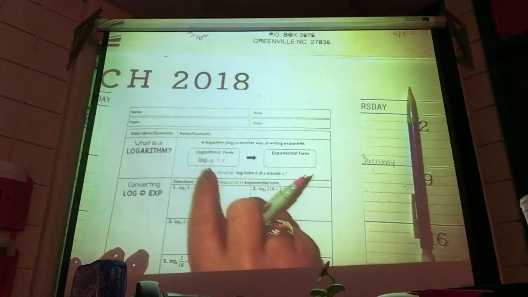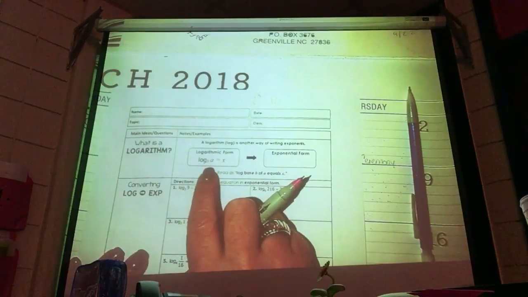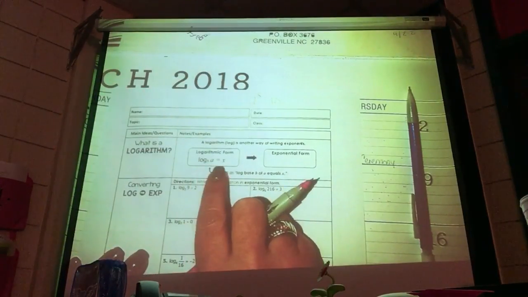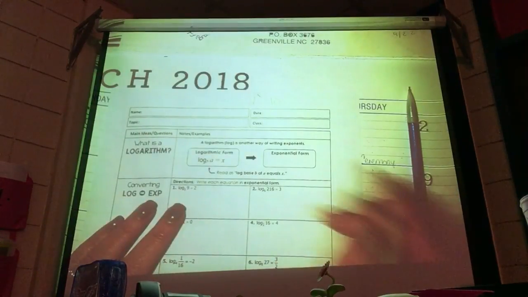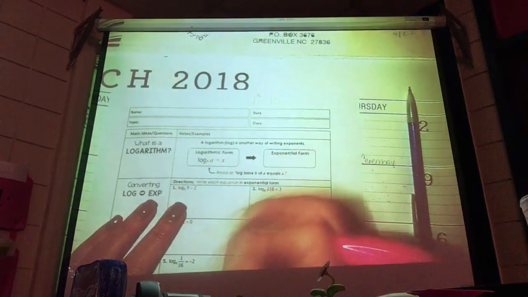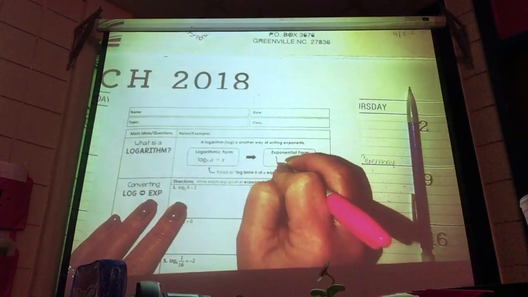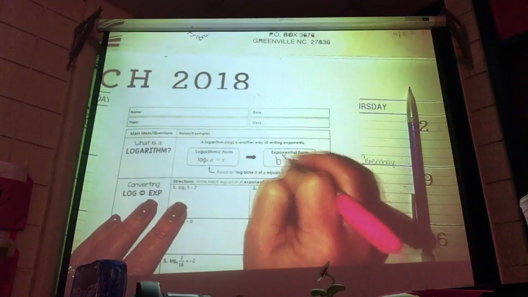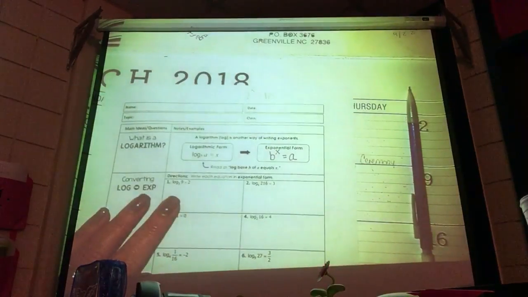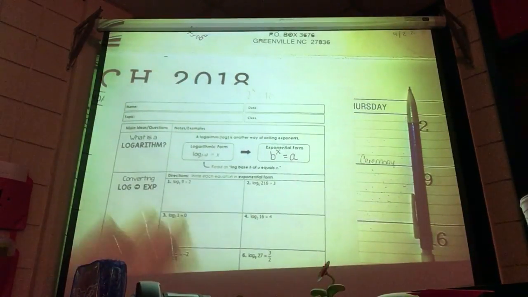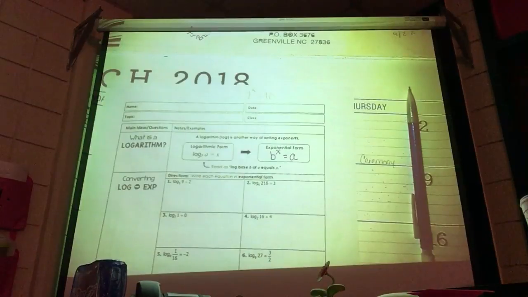Okay, so this is read as log base b of a is equal to x. And in exponential form, that is read as b to the x power is equal to a.